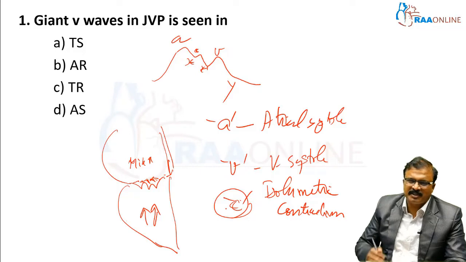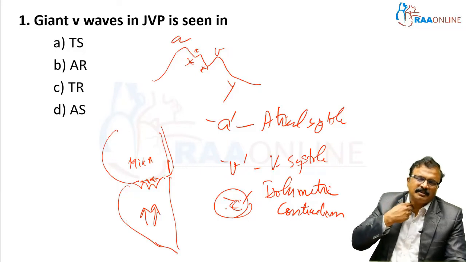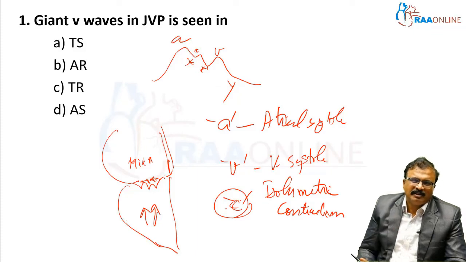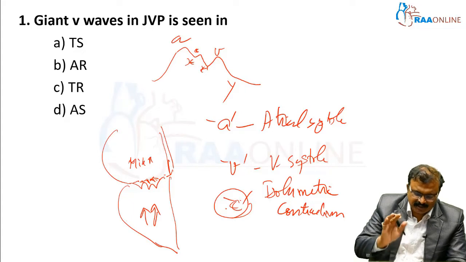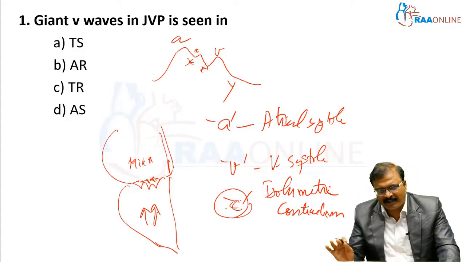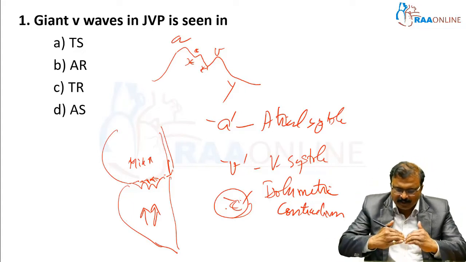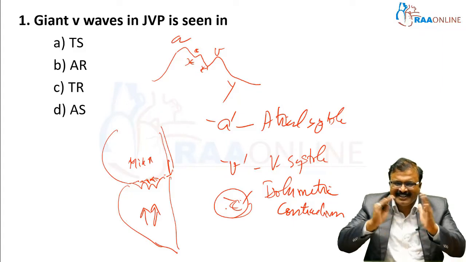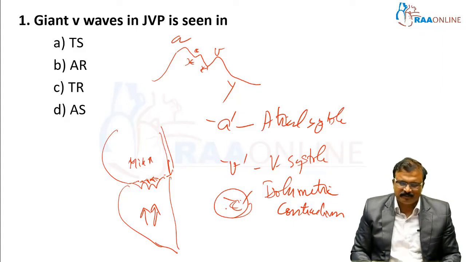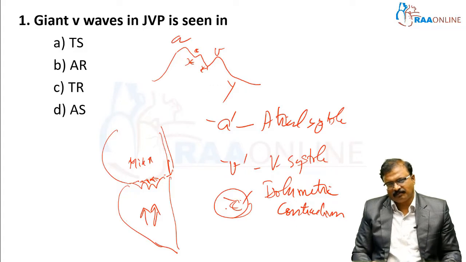The second concept is that because of direct vibrations transmitted from the carotid pulsations, you may get C wave, but the exact concept is this: isovolumetric contraction, the cusps move slightly upwards, increasing the right atrial pressure, that causes C wave.